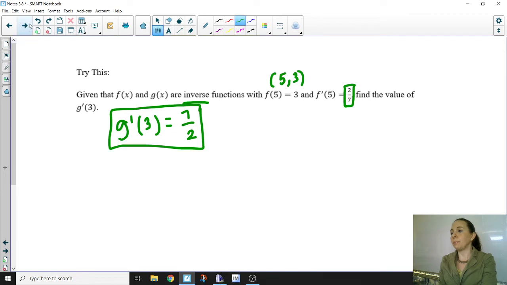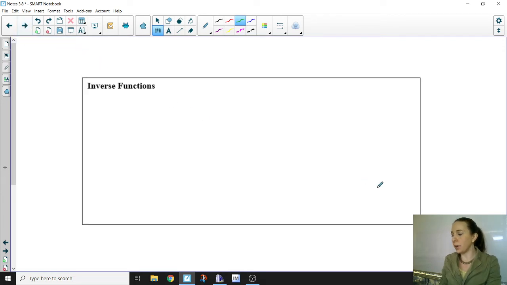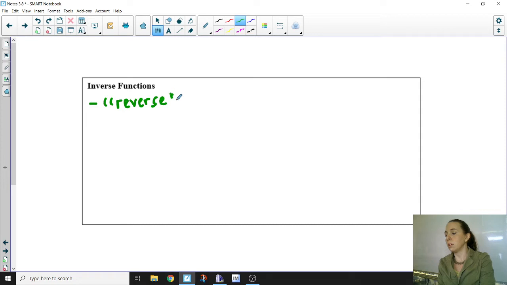Okay, so let's summarize a little bit about inverse functions, and then we will move on to inverse trig functions. In a little summary, we can say a couple of things. First of all, inverse functions reverse or undo each other.